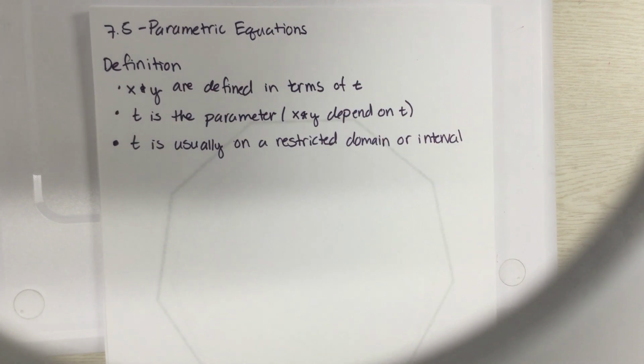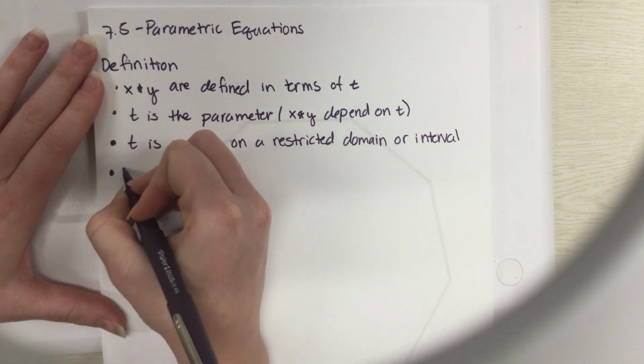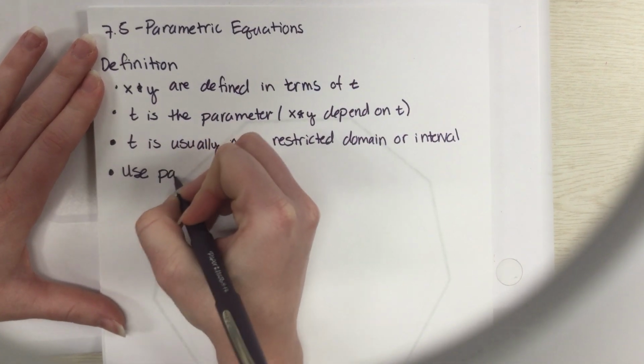So we'll have t go from -2 to 3, or if we're doing it in terms of trig, it'll go from 0 to 2 pi, things like that.